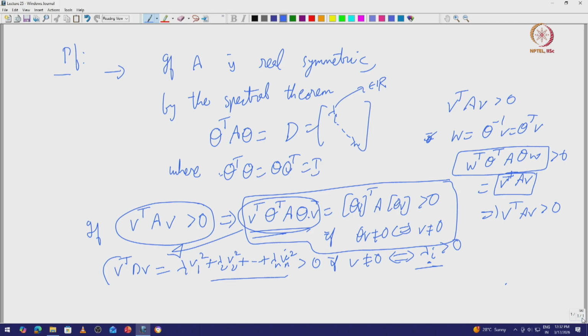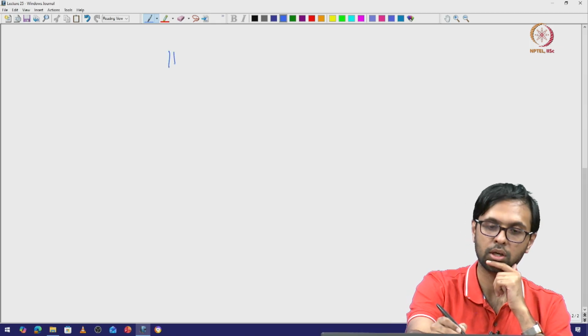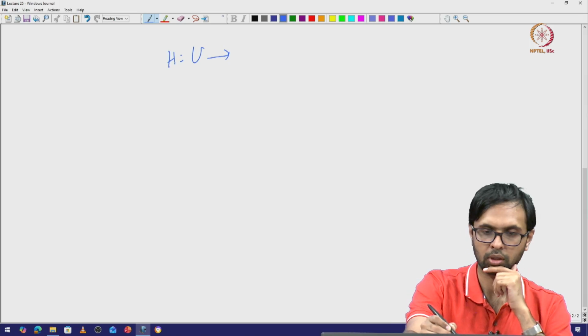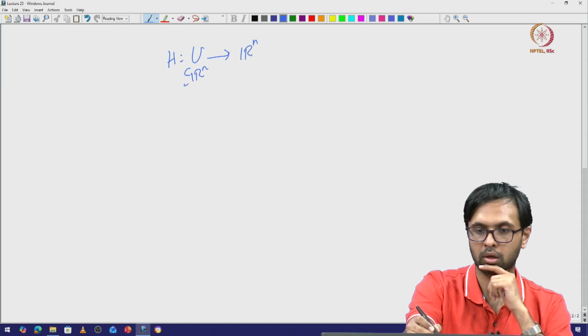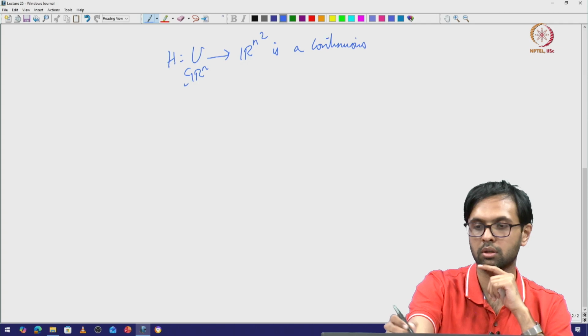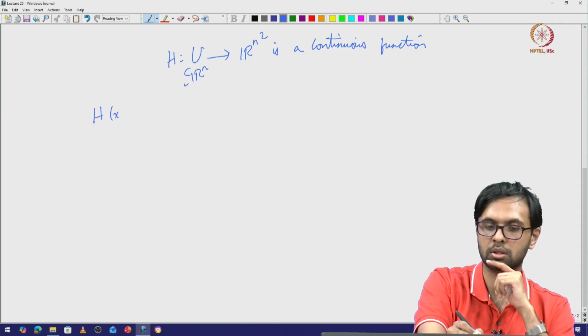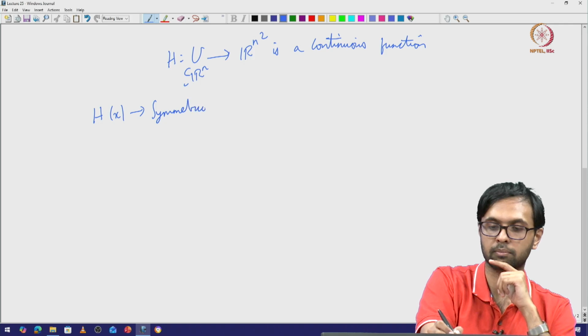of this theorem. Okay? What is the second part? The second part is H from Rn to Rn square is a continuous matrix valued function such that H of x is a symmetric n by n matrix.